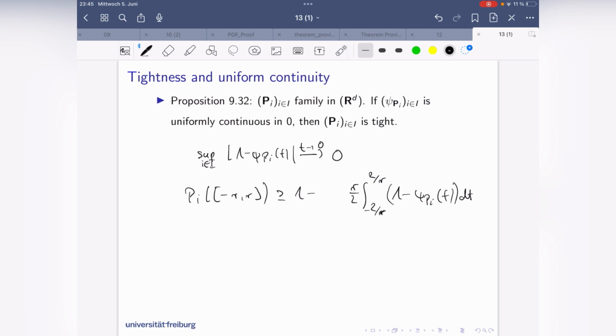I can make that smaller by subtracting more, and when I put here the absolute values, 1 minus r over 2 times the integral from minus 2 over r to 2 over r of the absolute value of 1 minus psi pi I of t dt.